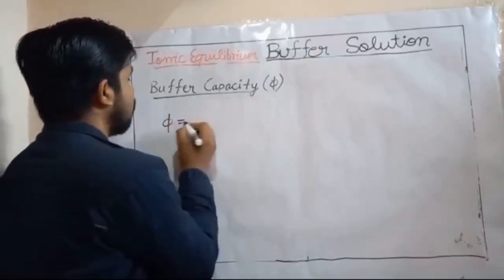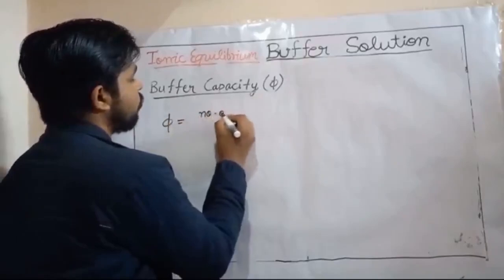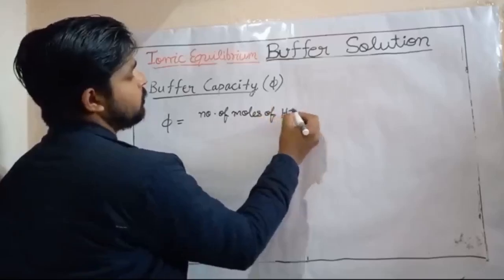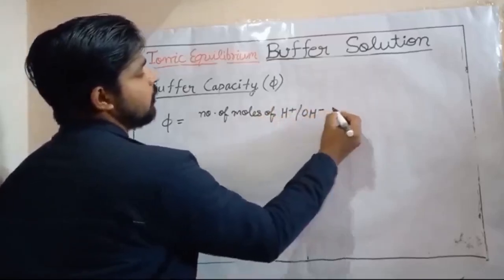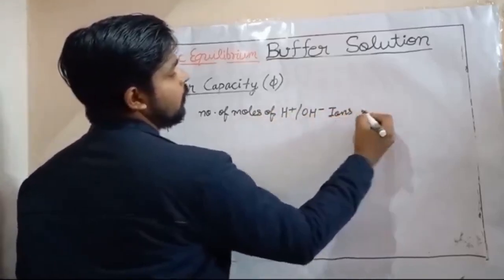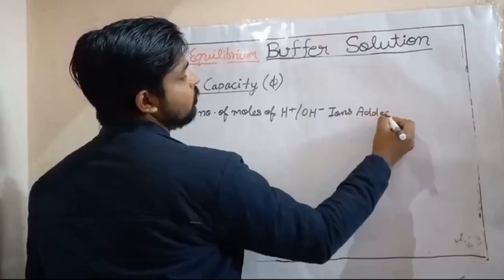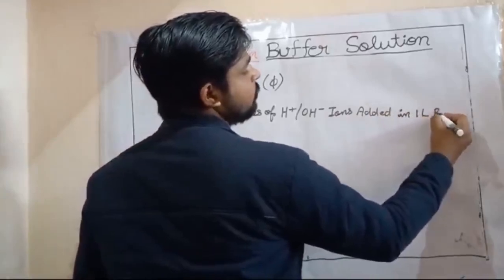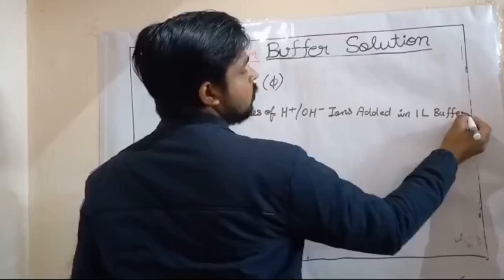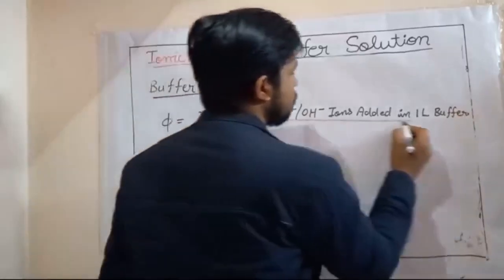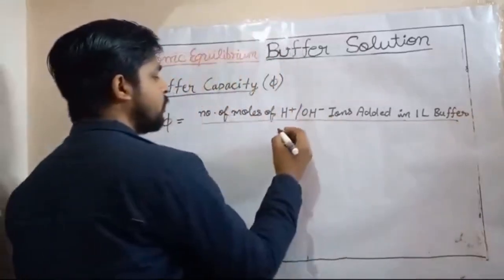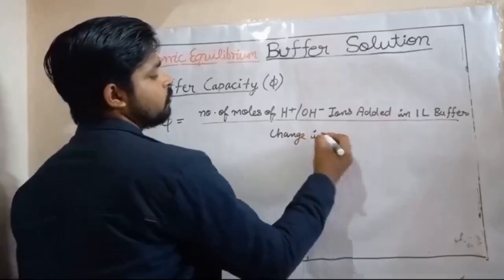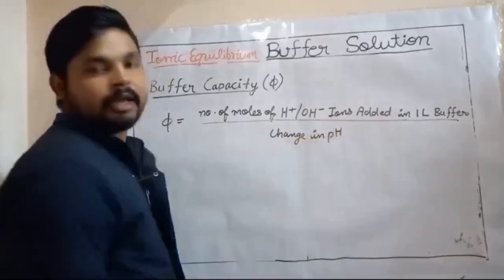Phi is the number of moles of H plus or OH minus ions added in 1 liter of buffer, then the change in pH per unit is called buffer capacity, student.